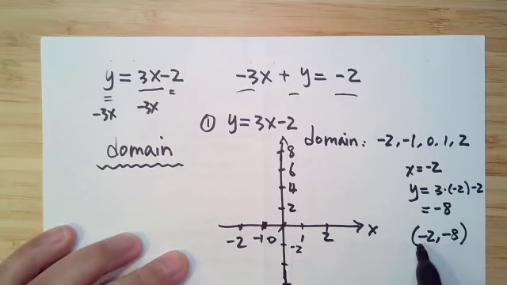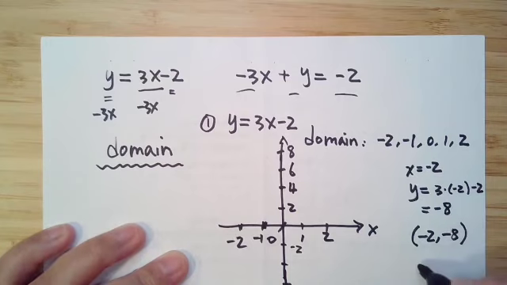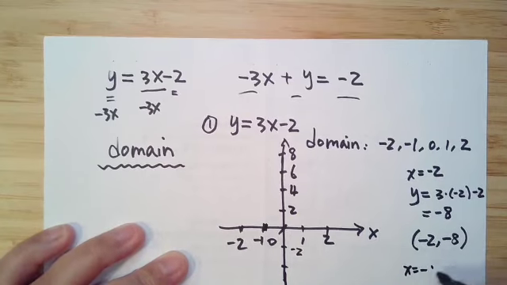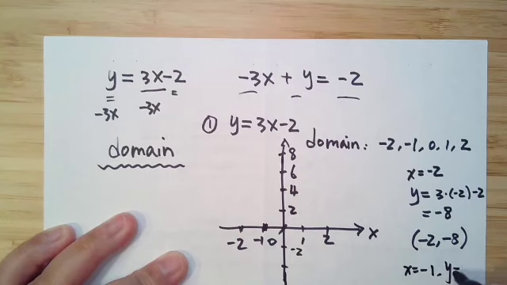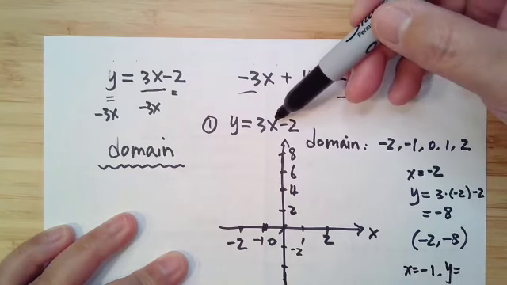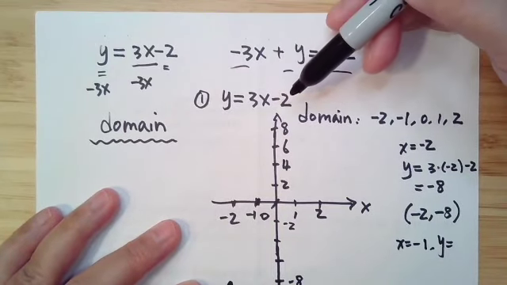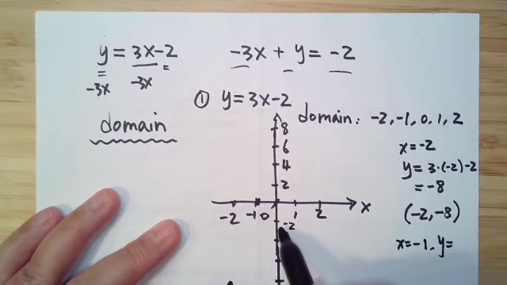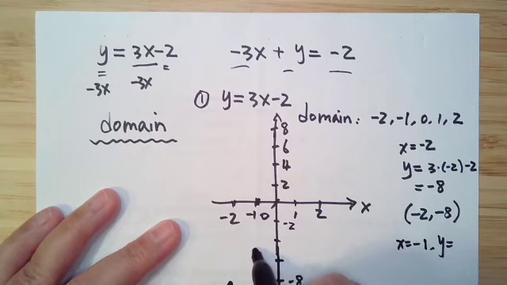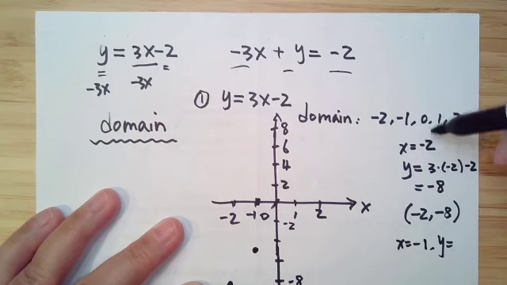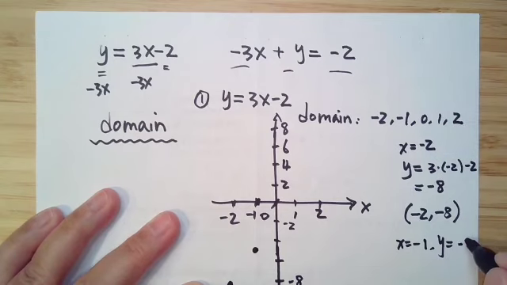So when x equals negative 2, y equals negative 8, I have a solid dot. What about when x equals negative 1? 3 times negative 1 is negative 3, minus 2, I get negative 5.